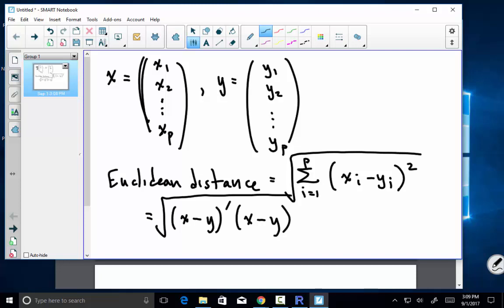One vector transpose multiplied by another vector is just the sum of the products of the components. That should be familiar to you. If it's not, then get some review going of basic vector and matrix operations. But Euclidean distance between x and y, one way to write it is this vector notation. x minus y transpose, x minus y, and then square root the whole thing.